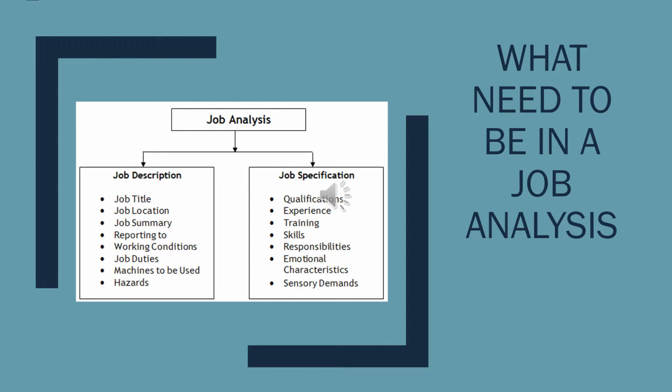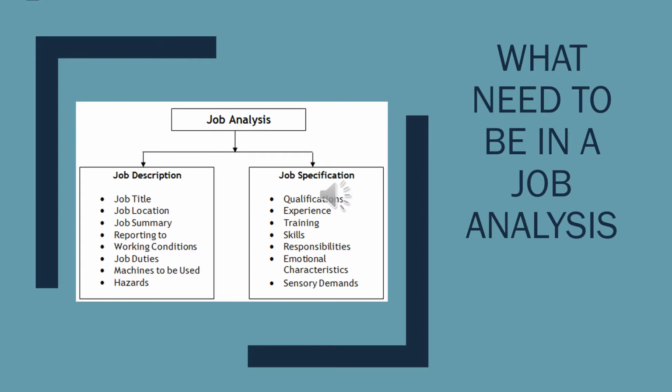What do you need in job analysis? Well, first of all, you need a job description, in which you include the job title, job location, job summary, reporting, the working conditions, job duties, machines to be used, hazards, and so on.